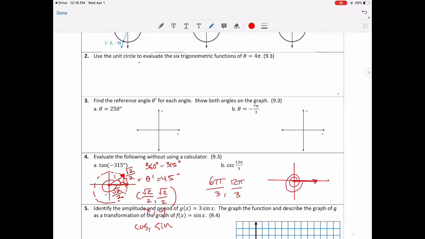Well, what's 13 pi thirds minus 12 pi thirds? Well, pi thirds. So I have pi thirds left to move, which is, again, a 60, if that helps. So I'm going to go another pi thirds. And then really this is going to be a location.